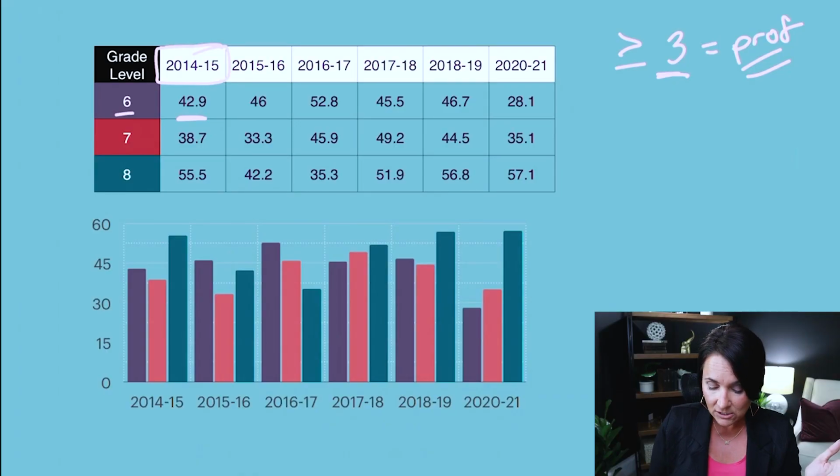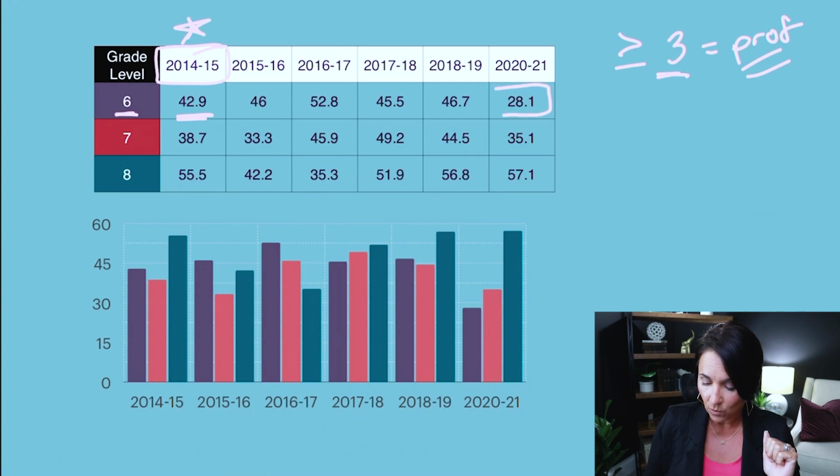So we can see that 6th grade, in the beginning, we're starting here at 2014-2015, we're at 42.9. By 2021 here, we're at 28.1, a significant drop. Now we can see that we gradually increased in these years, and we even got up as high as 52.8%, which is great.